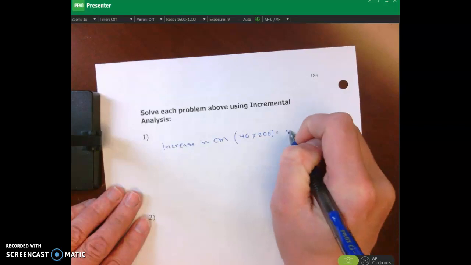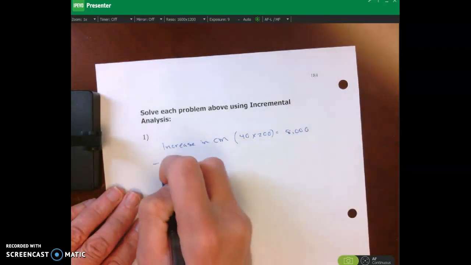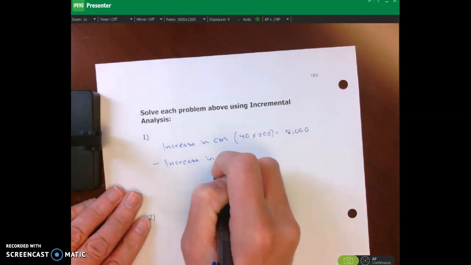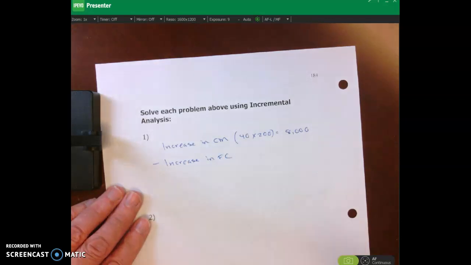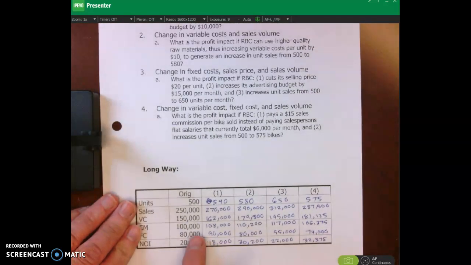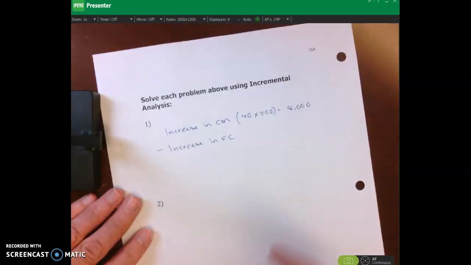which gives me $8,000. And then what I can say is I'm going to subtract that from my change in fixed costs. And I know my fixed costs increased because of advertising. It was $80,000. Now it's $90,000 because I increased the advertising by $10,000.